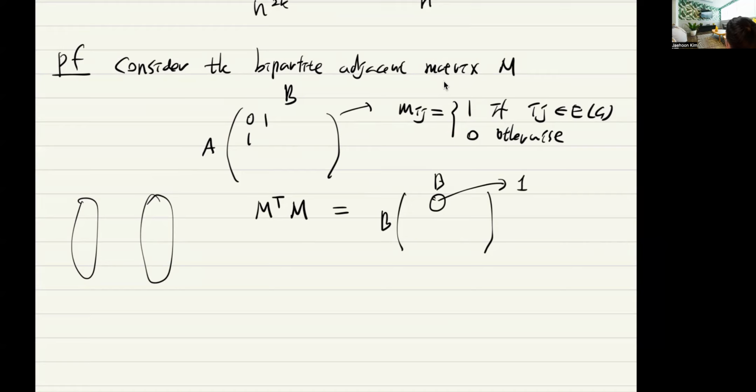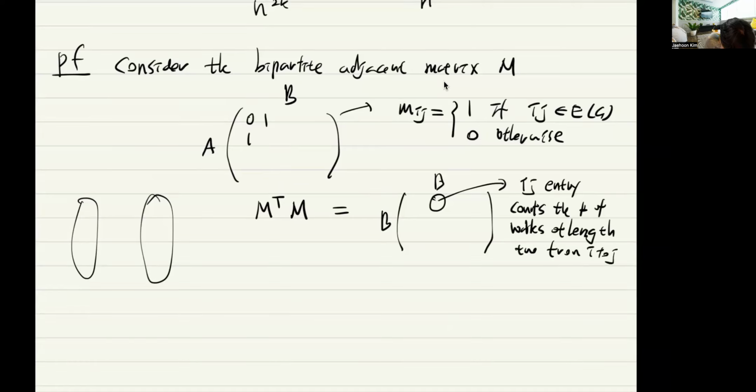Not necessarily one. Its ij entry counts the number of walks of length 2 from i to j, where i and j are both in B.